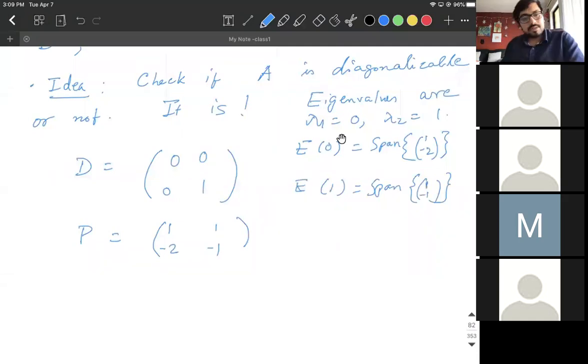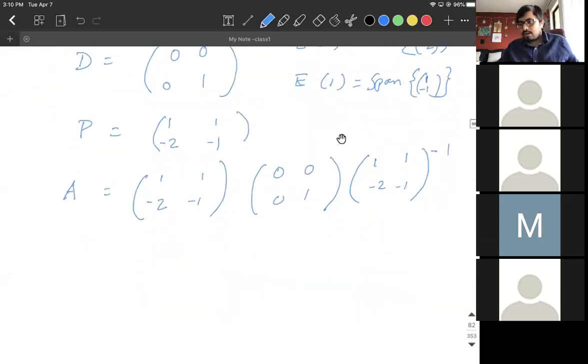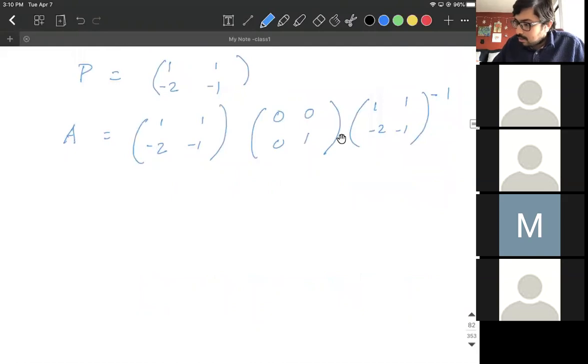So these are the eigenvalues and eigenvectors, hence we have the D and the P. So A equals P, 1 minus 2, 1 minus 1, then D, 0, 0, 0, 1, and the inverse, 1, 1, minus 2, minus 1. Okay, so this is the diagonalization part.